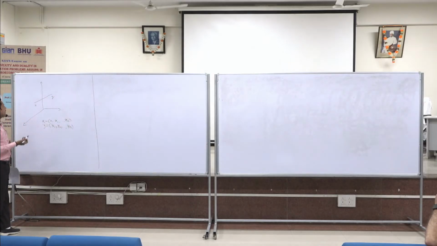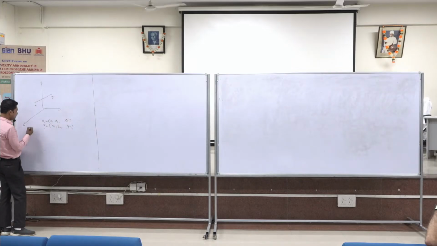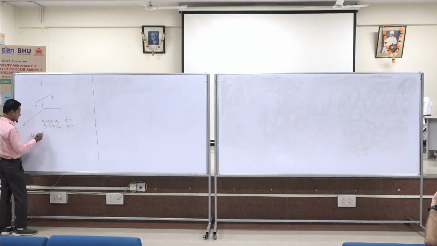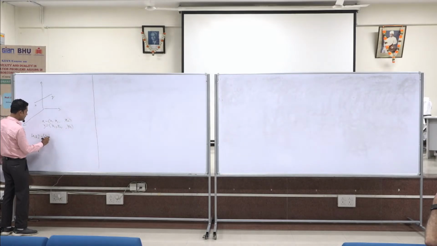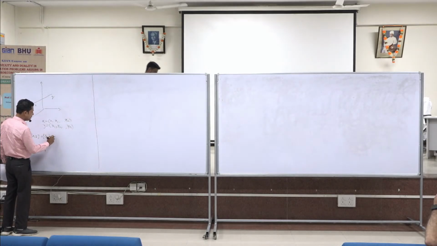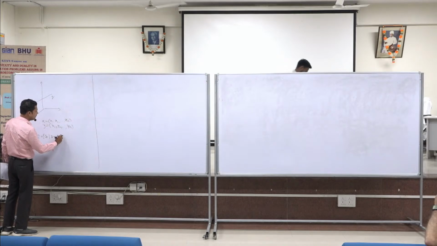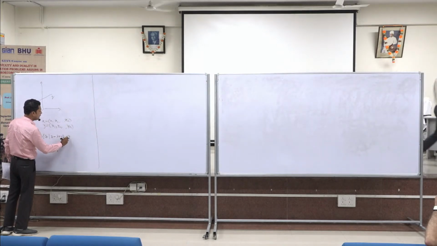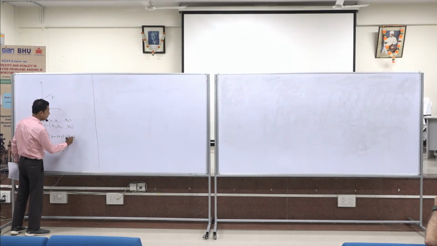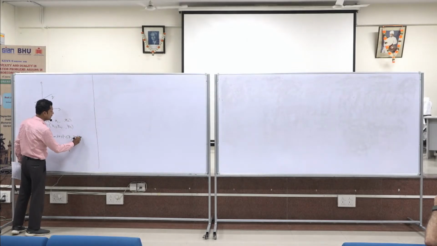So how do we represent this? This line segment is represented by [x, y], and this is the set of all z such that z can be written as lambda x plus (1 minus lambda) y, where lambda belongs to [0, 1].